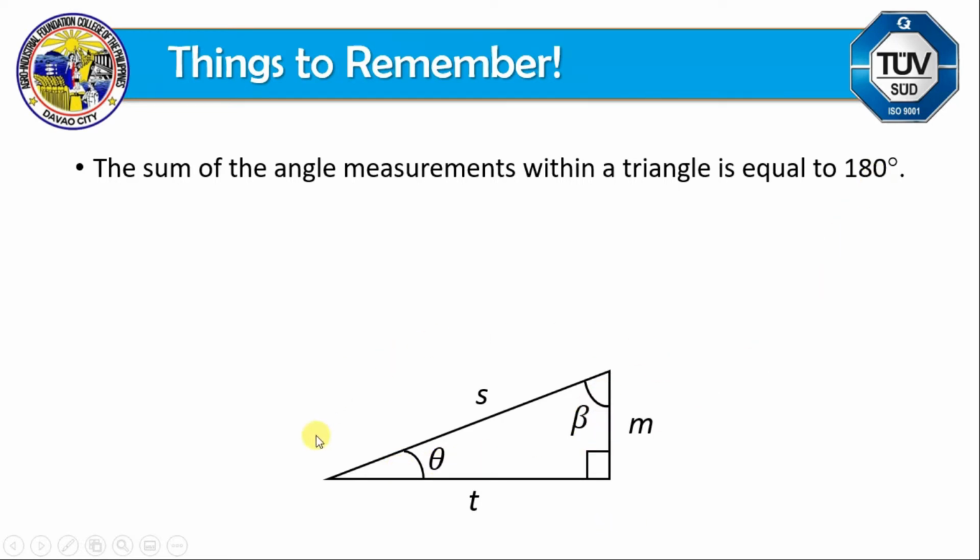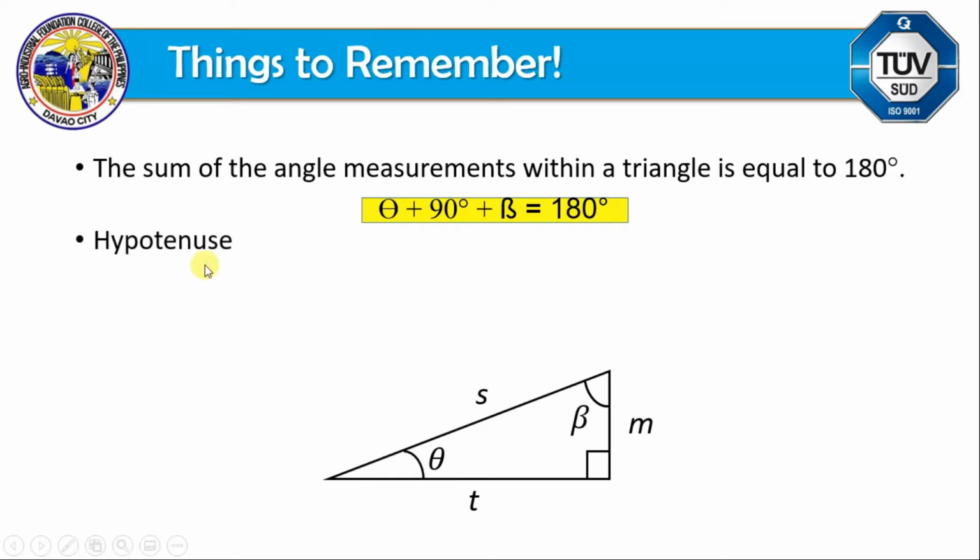In this case, sa triangle na to, theta plus the right angle plus beta equals 180 degrees. So, theta plus yung right angle na 90 degrees plus yung beta, the total will be equal to 180 degrees. Okay, that is the first thing to remember when solving right triangles.